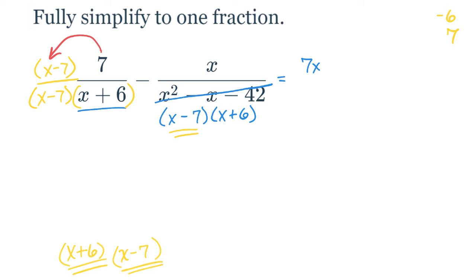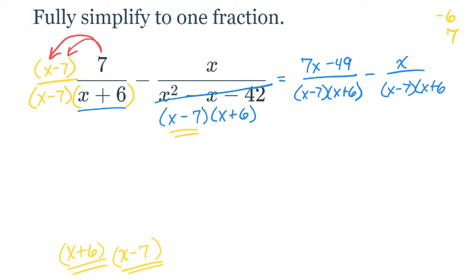And it would be 7 times negative 7, which is negative 49, all over x minus 7 times x plus 6, minus x over x minus 7 times x plus 6.